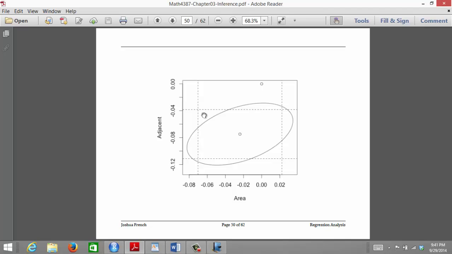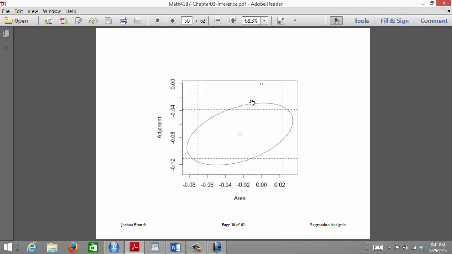So if we just look at the individual confidence intervals, we would say it's reasonable that the regression coefficients are equal to 0 simultaneously. But in fact, that location where the hand is, is outside of my simultaneous confidence region. So if the hand were the origin, we would get different results looking at our individual confidence intervals in comparison with our simultaneous confidence region, simply because our simultaneous confidence region does not contain that same point.